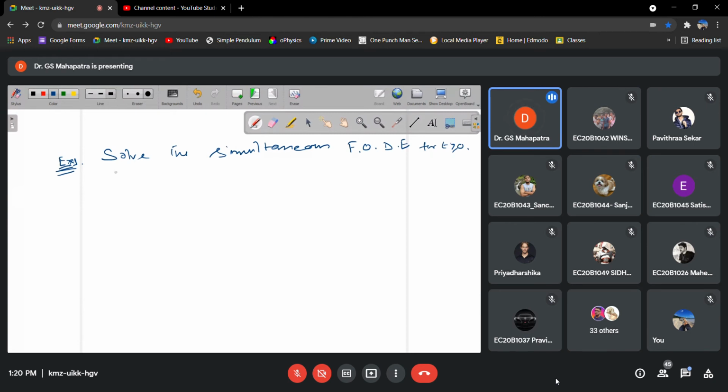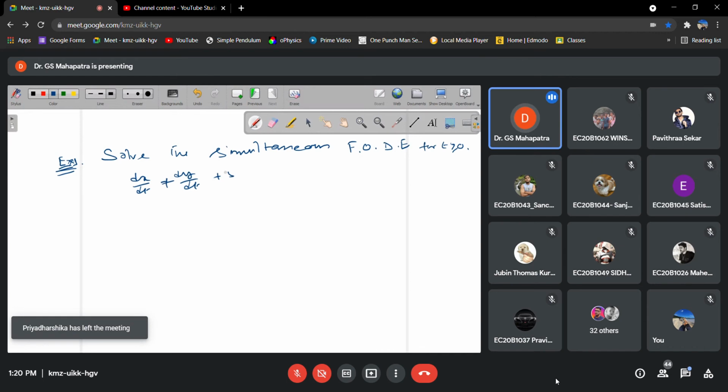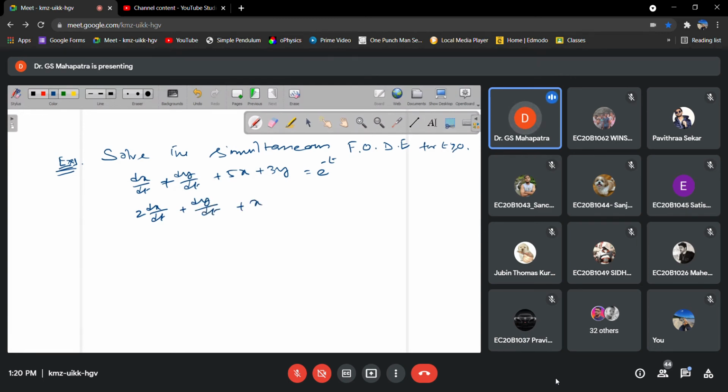Now I will write the differential equation. dx/dt + dy/dt + 5x + 3y = e^(-t), the right-hand side f(t), and 2 dx/dt + dy/dt + x + y = 3. This system of equations is called a simultaneous first order differential equation with constant coefficients.